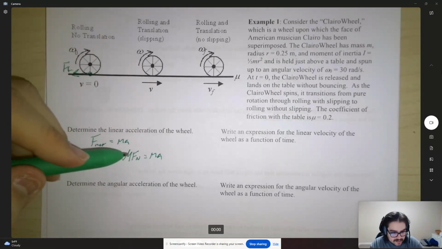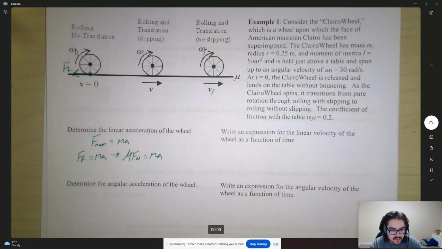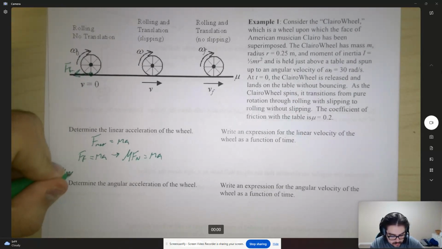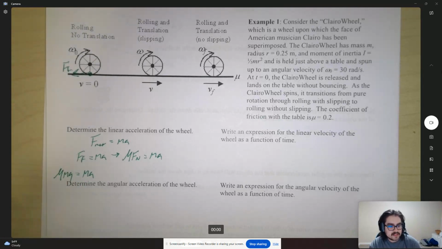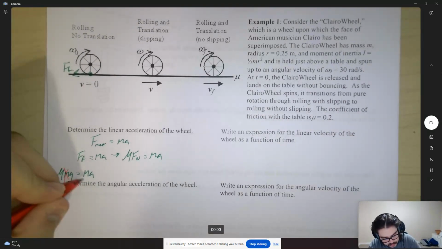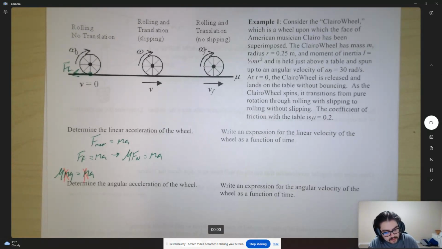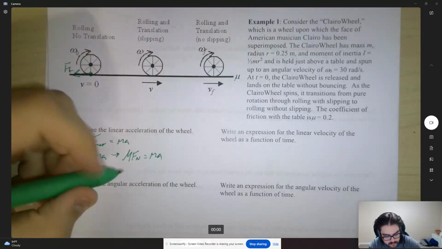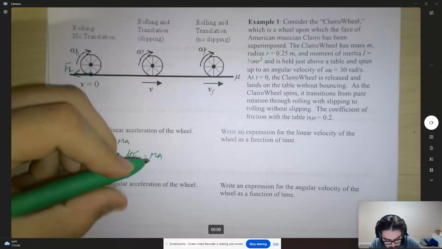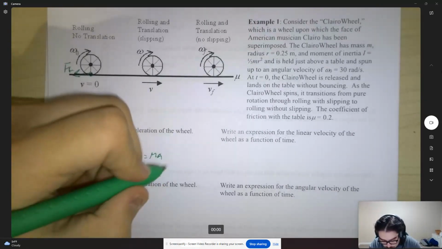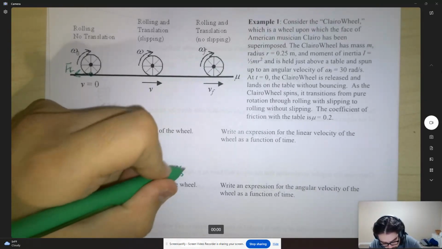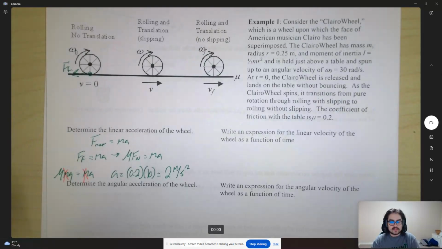And F sub n is just going to be mg because it's on a flat surface. So mu mg equals ma. Notice the mass doesn't even matter in this problem. That's why it wasn't given to us at the beginning. So the acceleration is just mu times g. Mu is 0.2, g is 10, so the acceleration should just be 2 meters per second squared. That's the linear acceleration.